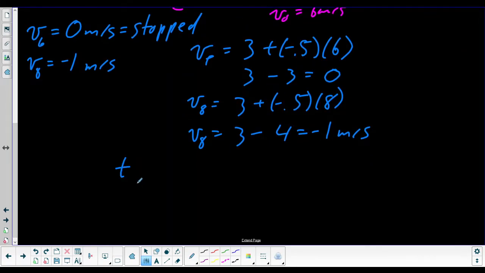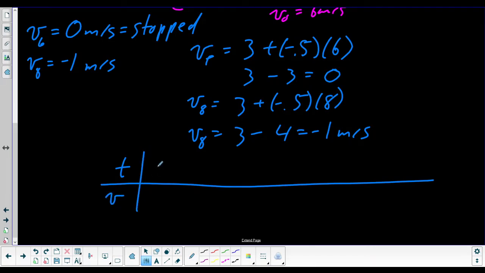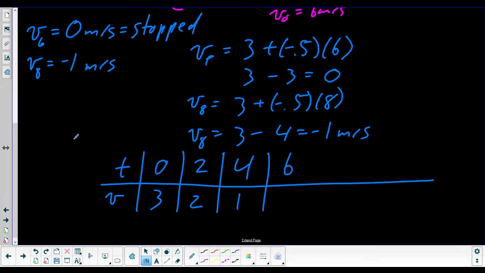Let's do time and velocity. At 0, he's going 3 meters per second. I'm going to do it in increments of 2 seconds, because minus 1 is 2 meters per second. 4 would be 1 meter per second. 6 is our 0. And then 8, we're going negative 1.